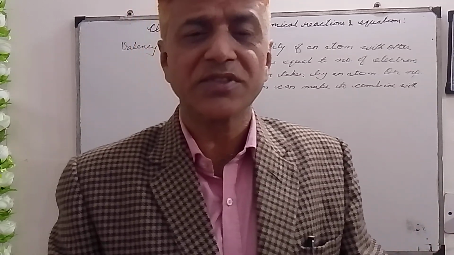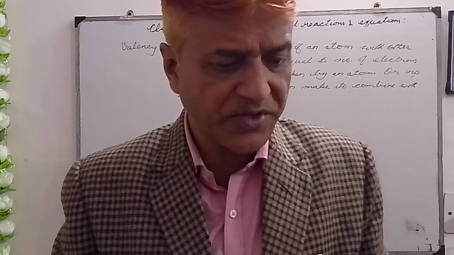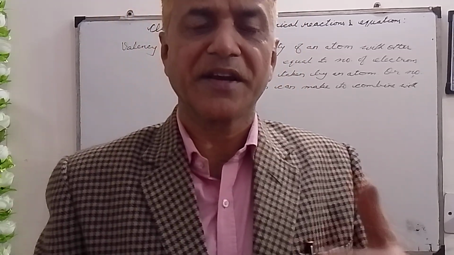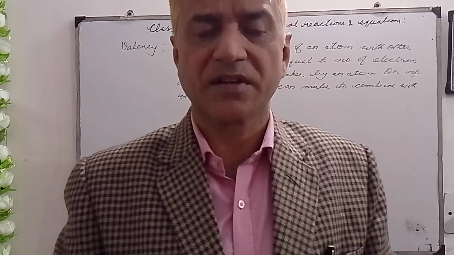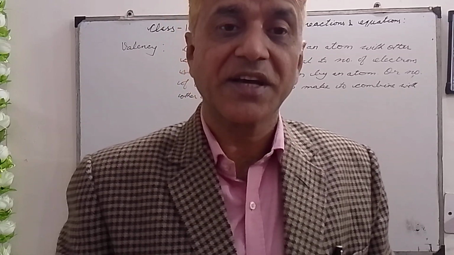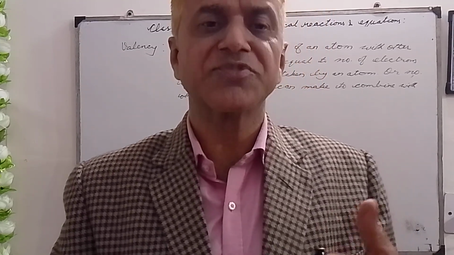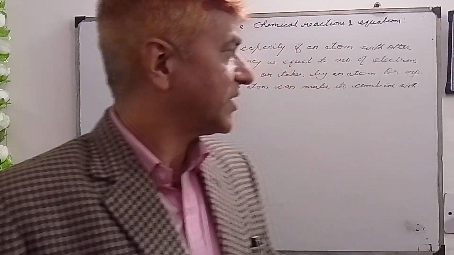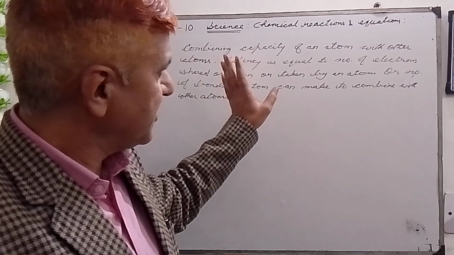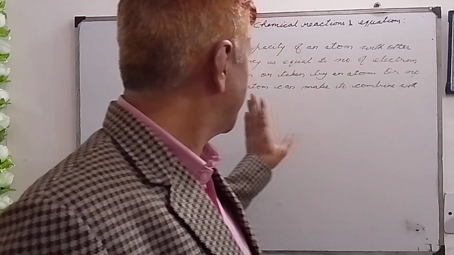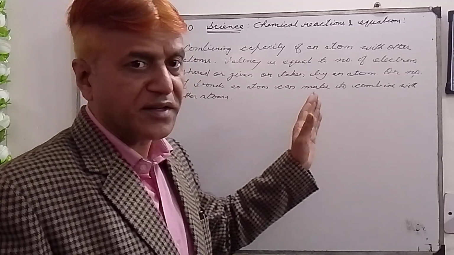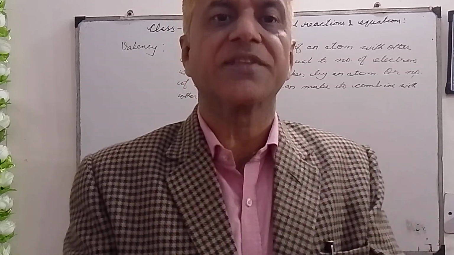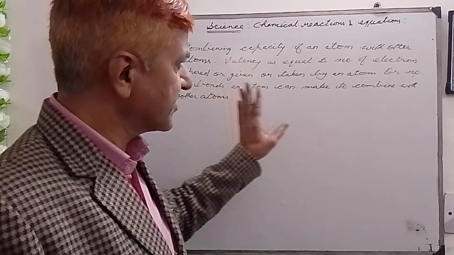We have two types of bonds. First is ionic bonds, where an atom either gives electrons or takes electrons. The second type is covalent bonds, where an atom shares electrons. So valency can also refer to the number of bonds formed by an atom when it combines with other atoms. These are the concepts of valency.